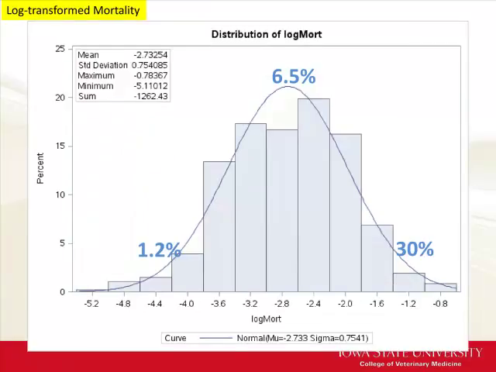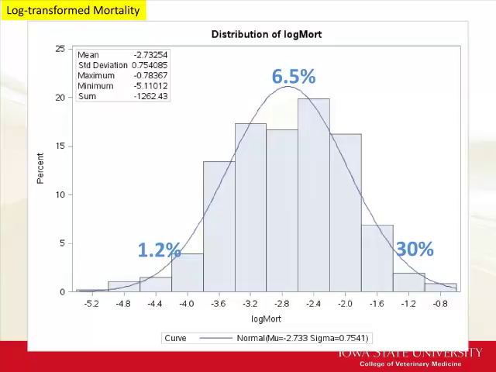This was not normally distributed, but we log transformed the mortality. So those are pretty much the same data, but in the log scale, or log world. As you can see, it has this so-called bell shape, or normal distribution, which allowed us to use statistical tools to predict what happened with the data.